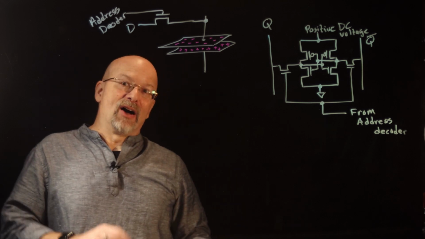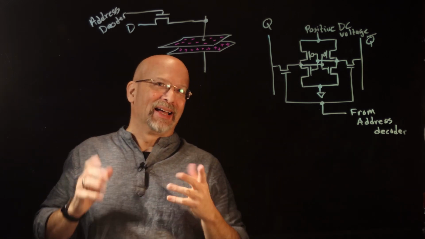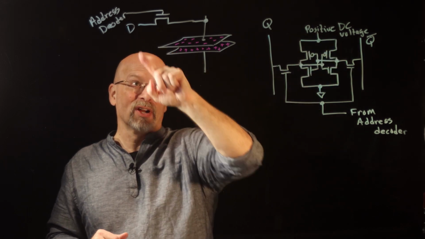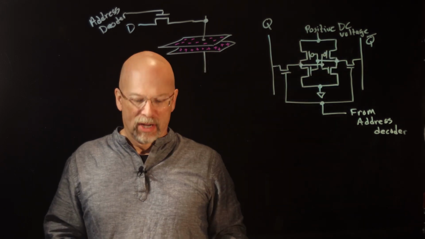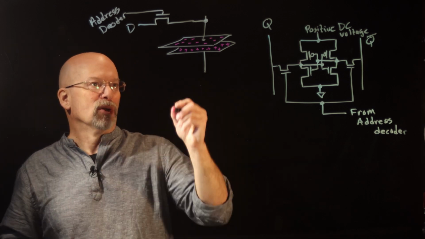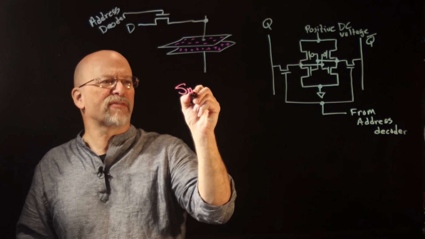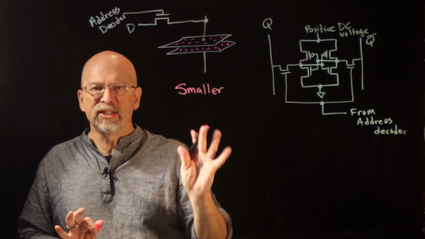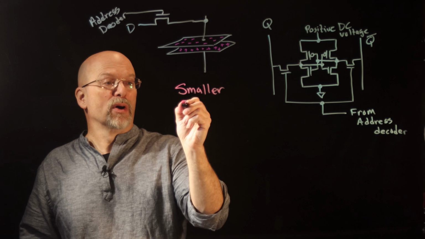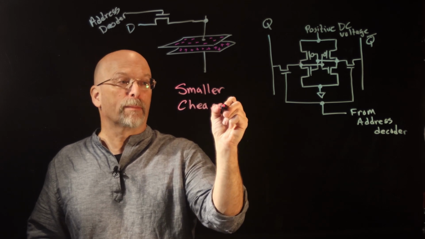Really simple. Now, this guy, I've got one transistor. I have 6 over here. I have one transistor over here and a small capacitor. So when you compare these two, this guy is definitely physically smaller than this guy. This guy is also cheaper per bit.